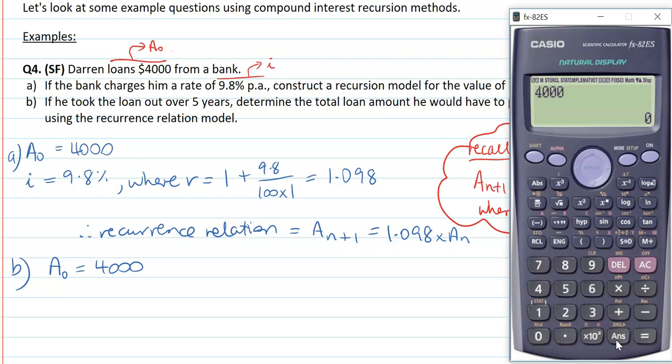So if we times that by our 1.098, so that's after 1 year. Apply our recursion of 1.098 with our common ratio, 2 years, 3 years, 4 years, after 5 years, that's the balance. And like a good student, we'll document our working.